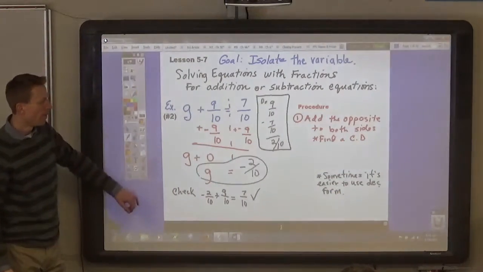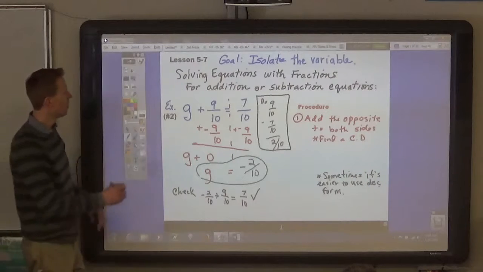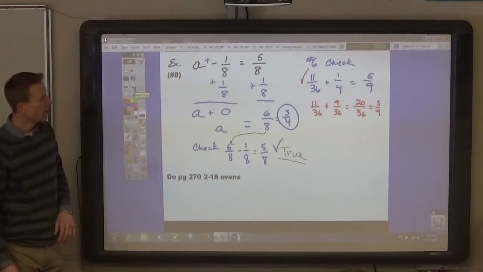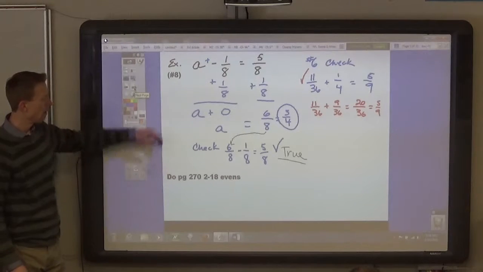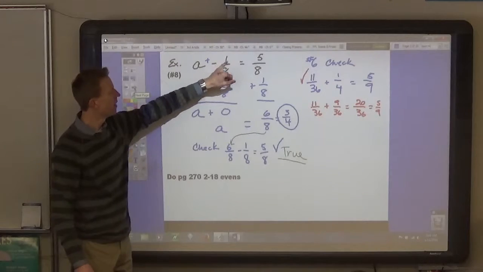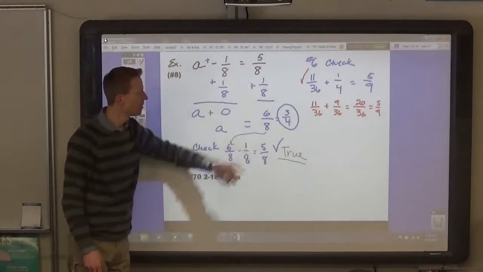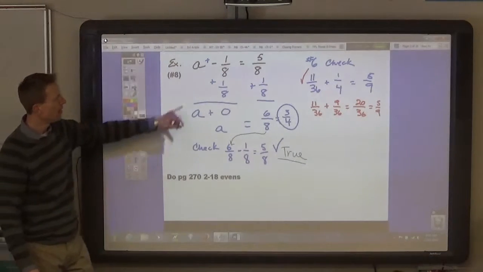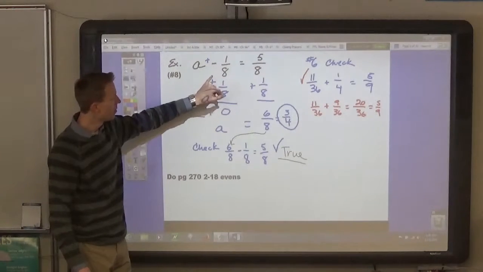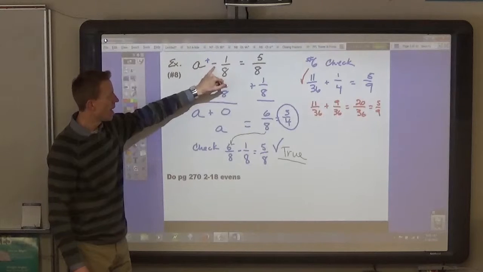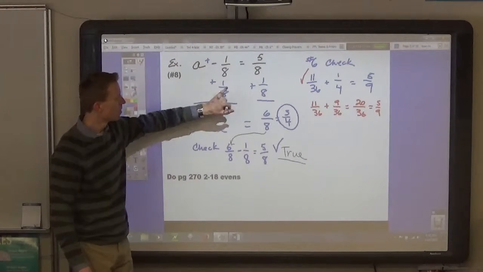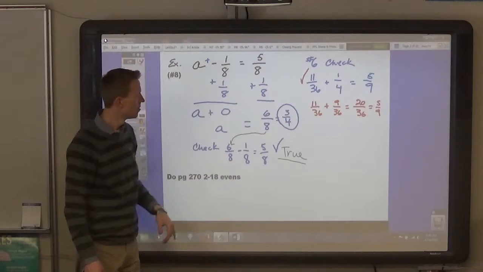So, sometimes it's easier to just convert them to decimals, and you can do that. Look at this one. a minus 1/8 equals 5/8. We have to add the opposite of -1/8, which is positive 1/8, to both sides.